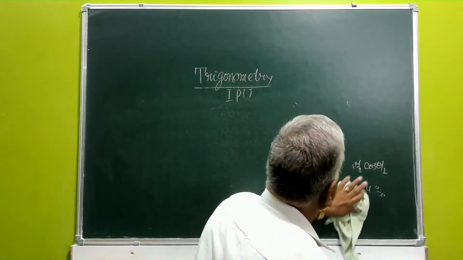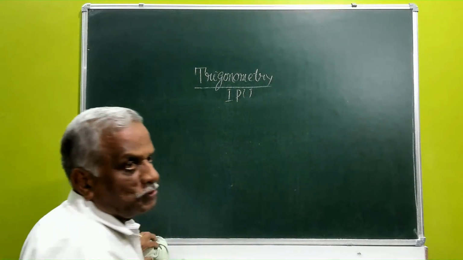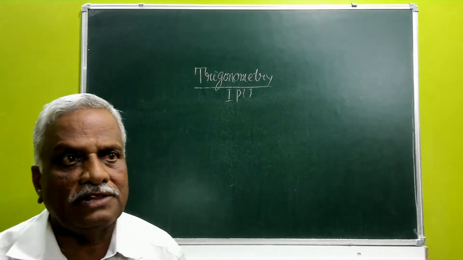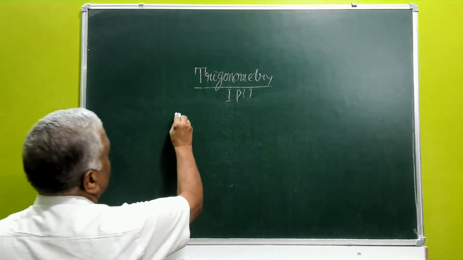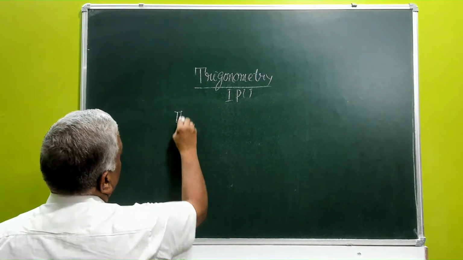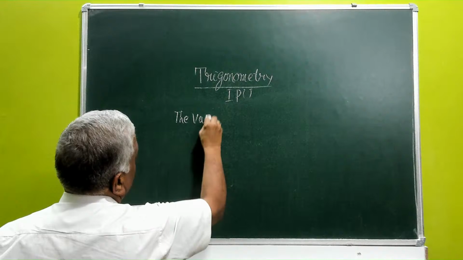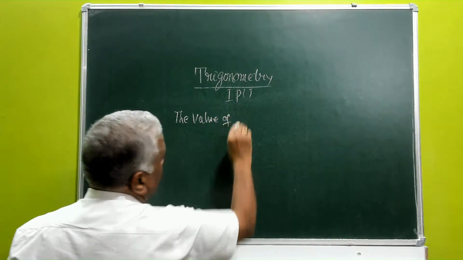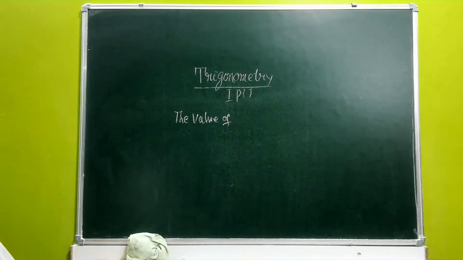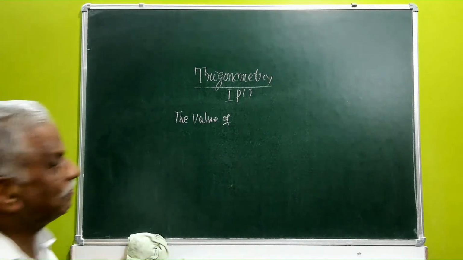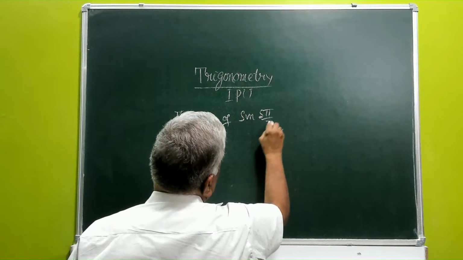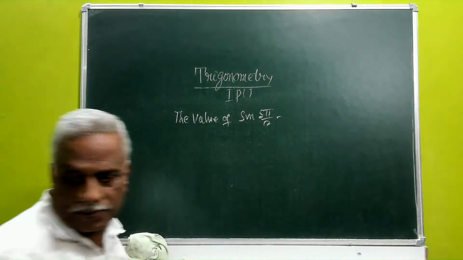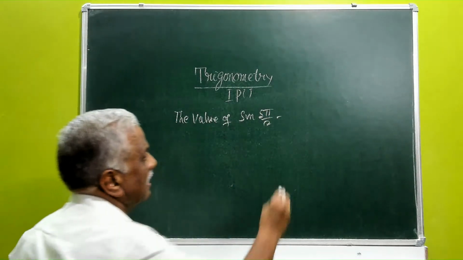So from this, it's very, very clear you should have all the formulas of trigonometry at your fingertips. What one more formula? The value of sin 5 pi by 12 into sin pi by 12.